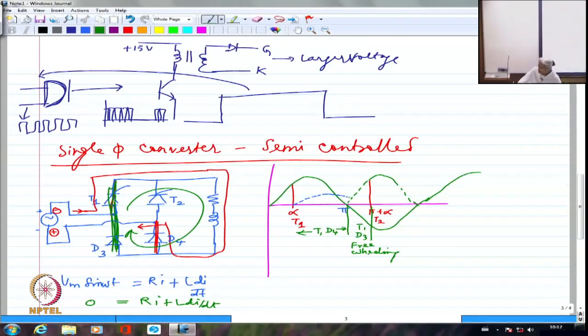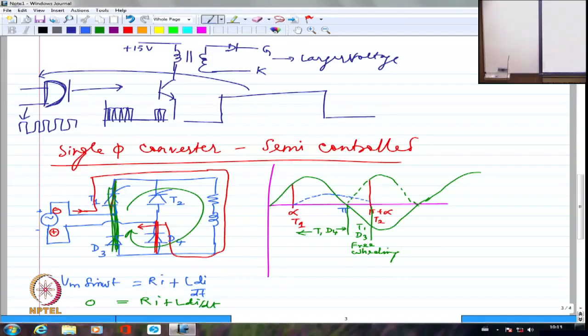So it is pretty rare to see discontinuous conduction in semi-controlled converters, unless I make my alpha very large. If I make the alpha very large, the conduction itself starts very late, so there will not be much stored energy and so on.